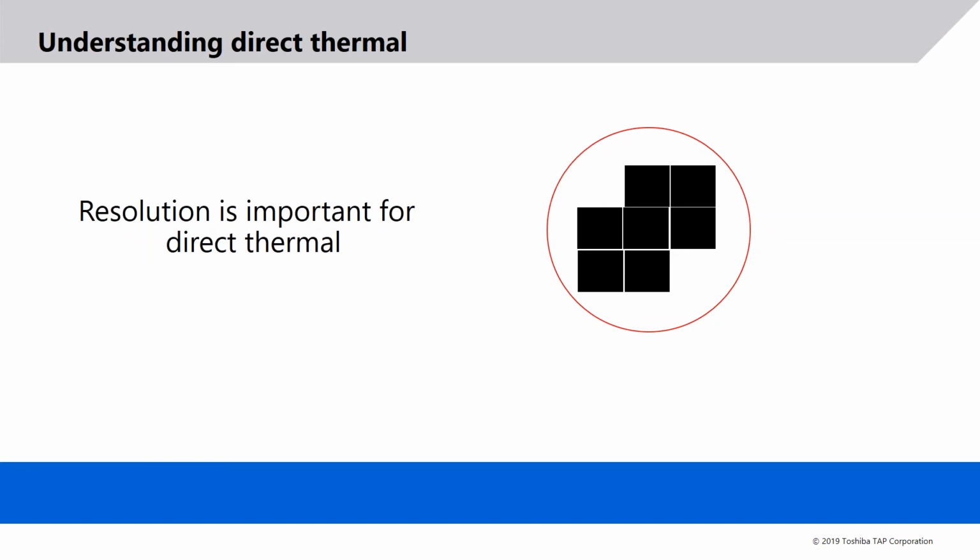If you're printing fine, small prints or very detailed images, you need a higher resolution machine, and typically you'll find direct thermal devices are available in 200 dpi and 300 dpi. And what that means is that there's more dots per inch, so you get a finer print. Because ultimately what's happening under the print head is we're printing in this pixel format that you can see in the red circle here.